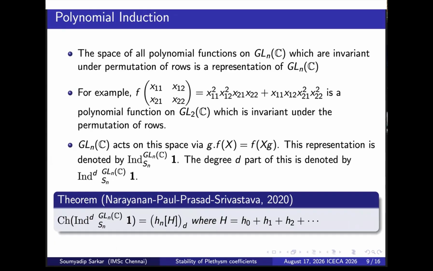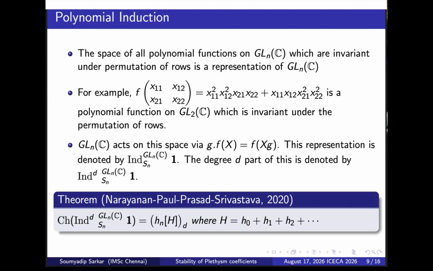If you look at this function x11 squared x12 squared x21 x22 plus x11 x12 x21 squared x22 squared, it's a polynomial function on GL_2(C), and you can check this is invariant under the permutation of the rows. So you look at all such functions, and GL_n(C) acts on this space via the right translation action. So g dot f of x is equal to f of xg. And this is denoted by Ind S_n to GL_n of 1.